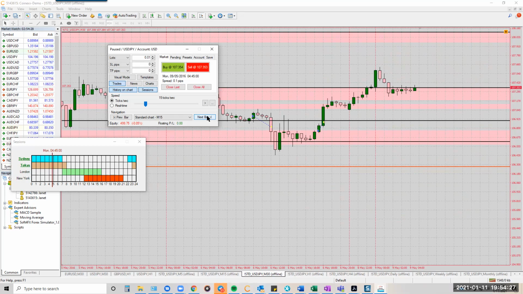Next bar. This just absolutely isn't doing what I would expect it to do. So I'm going to keep running it and see when I get my pattern.